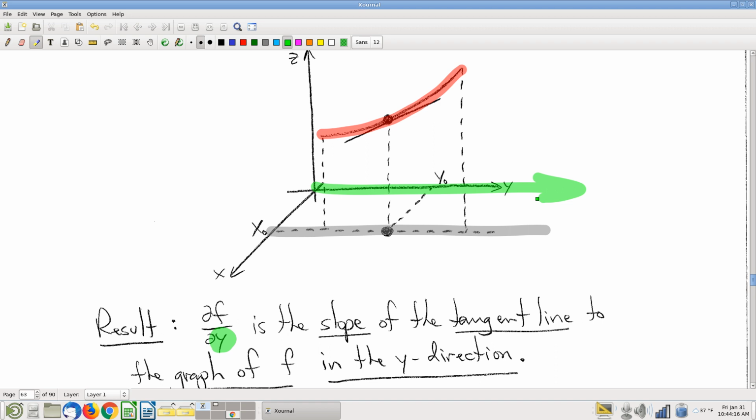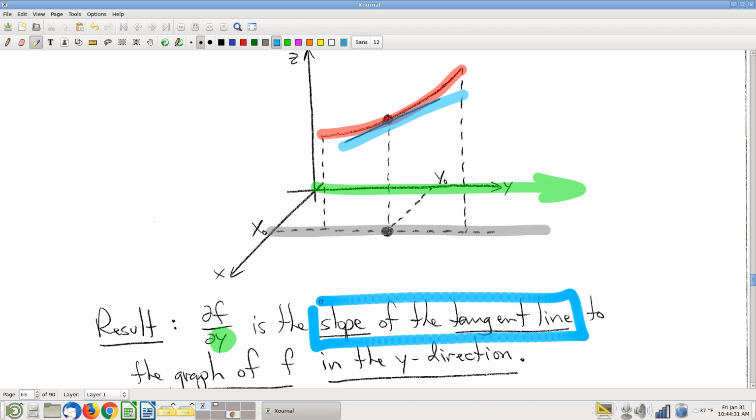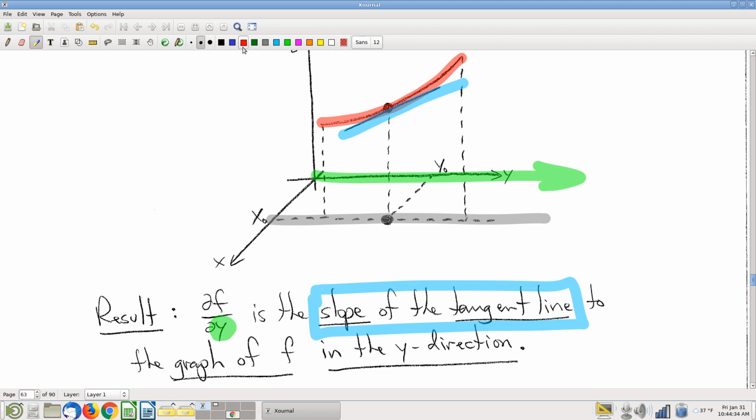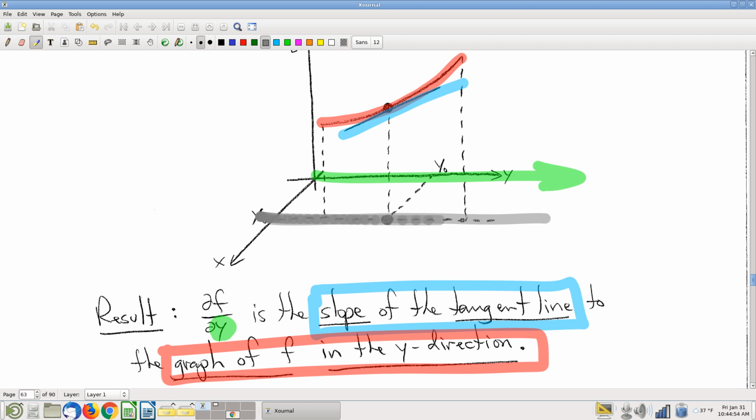It means slope of the tangent line. So it means that we're going to look at this tangent line here, the tangent line to the cross-section, and think about its slope. So there you go. That's the geometric interpretation of a partial derivative with respect to y. Partial with respect to y is the slope of the tangent line to the graph of the multivariable function, but specifically the tangent line that's in the y direction. In the y direction, of course, because you're holding x constant.